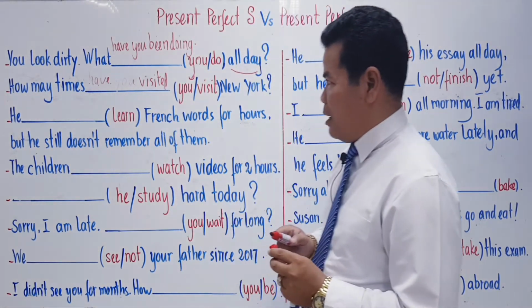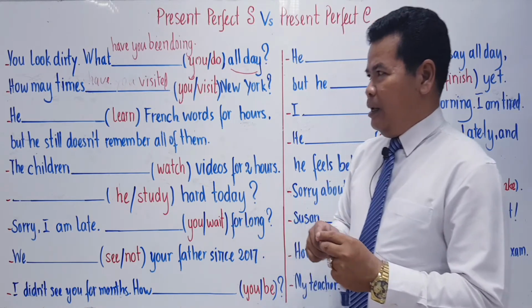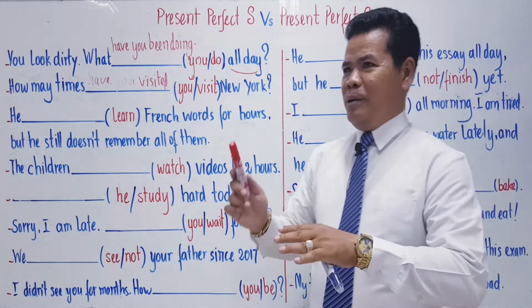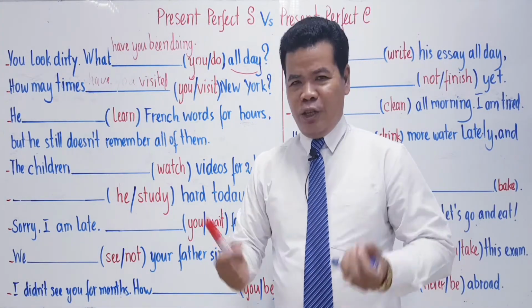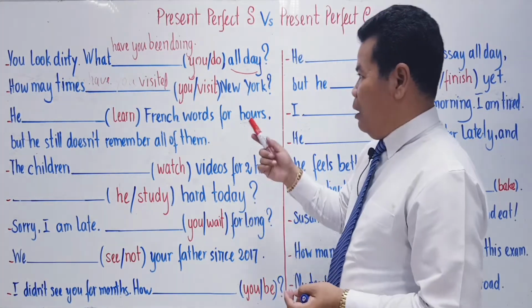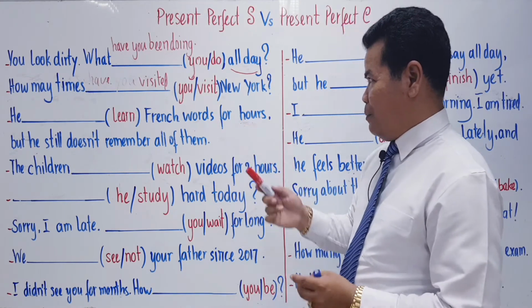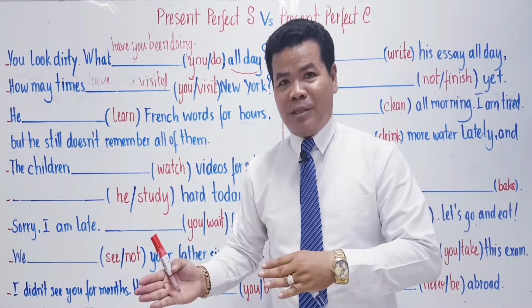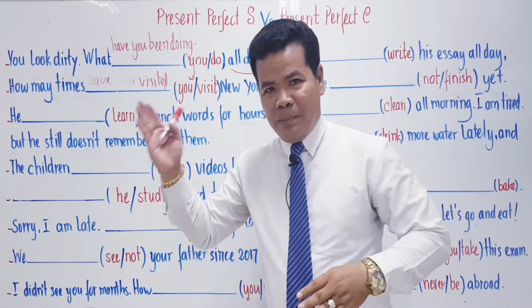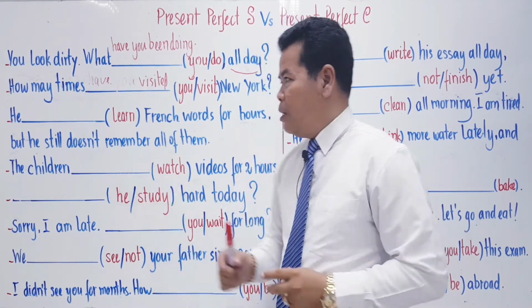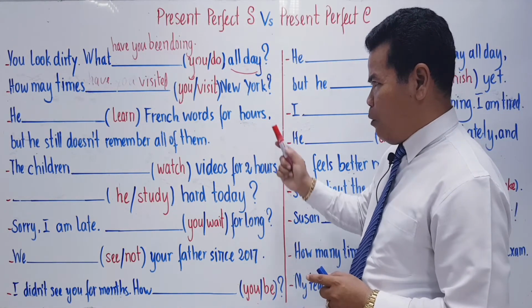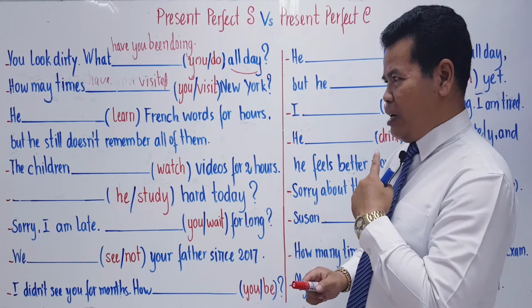Let's see once again. He learned French words. French word is related to French. Okay? French words for hours. Not four, okay? For hours, for many hours, from 2 hours up, right? From 2 hours up. So, he learned French words for hours, but he still doesn't remember all of them.